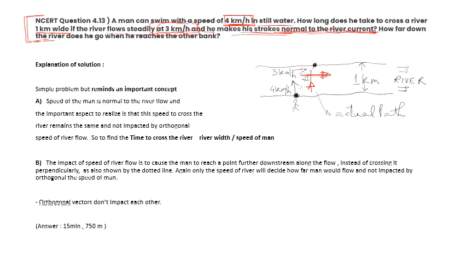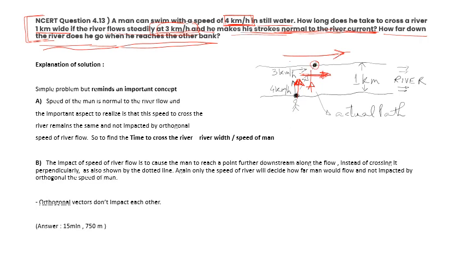So let's look at what they're asking. How far down the river does he go when he reaches the other bank? Downstream we know is this. So what they are asking is, when the man is swimming like this, normal to the flow, and the flow is like this, how far down the stream will he reach the other bank?